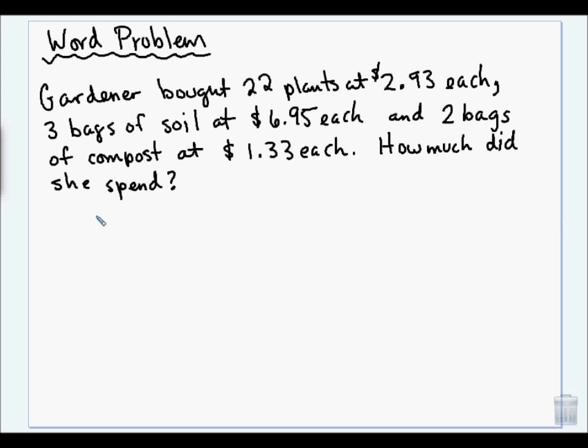All right, so we have 22 plants that cost $2.93 each, 3 bags of soil, and 2 bags of compost. To get the totals for each of these, we're going to multiply.